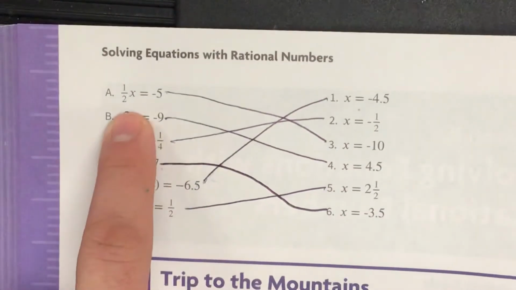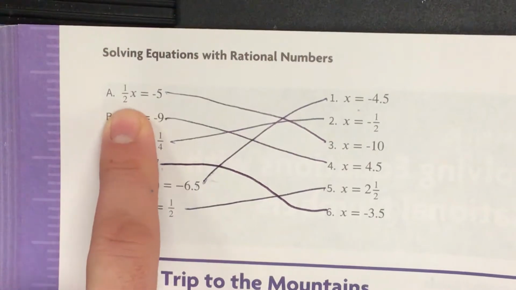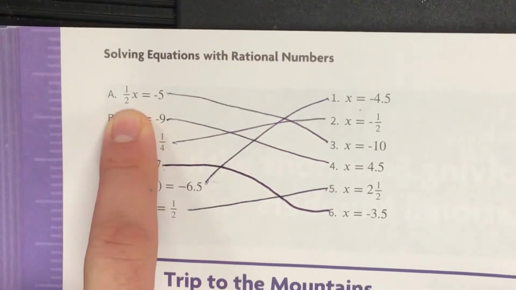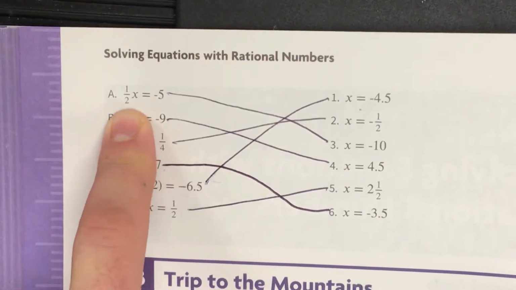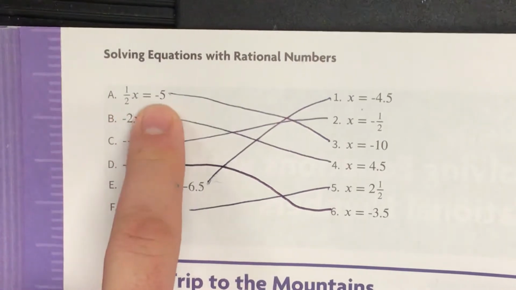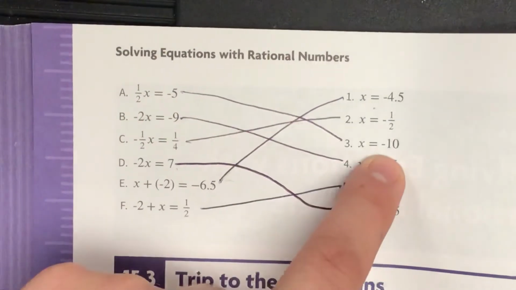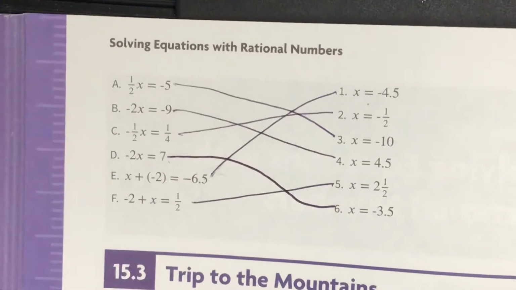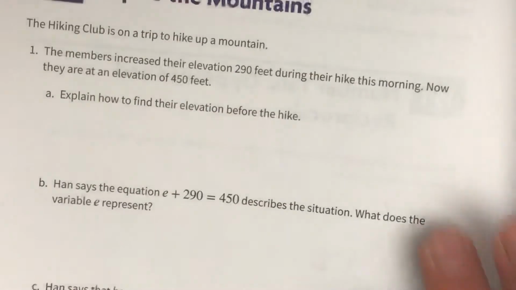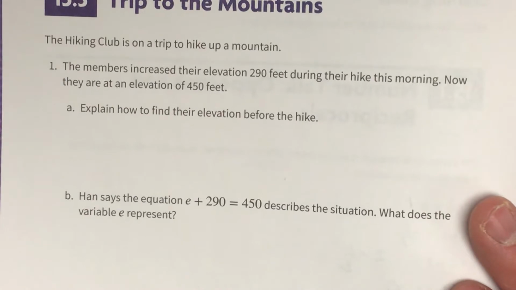The opposite of multiplying by a half is divide by a half. What's dividing by a half the same as? Multiplying by 2. So negative 5 times 2. So you can see how these rules would help you solve these. So we're just going to get into that a little bit today.